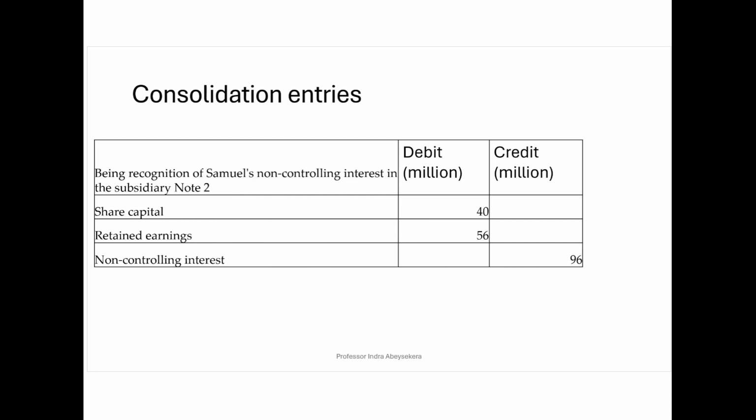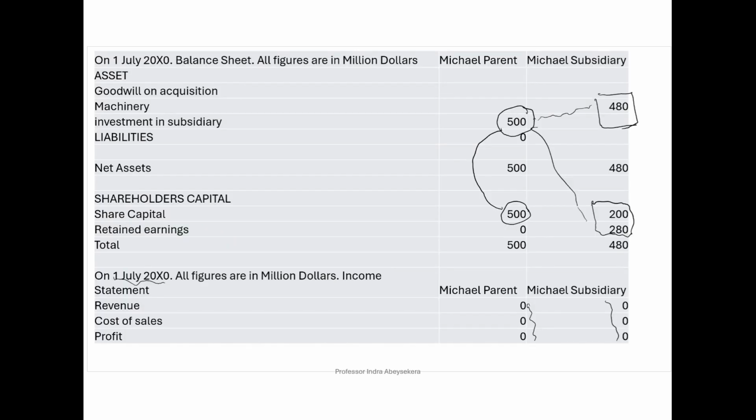Our second consolidation entry is for the non-controlling interest. Some authors consider this as a calculation, and some use it as journal entries, as consolidation entries. Here we use it as consolidation entries. We can see that our initial investment was 200 share capital and 280 retained earnings.